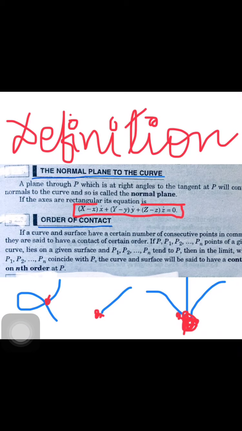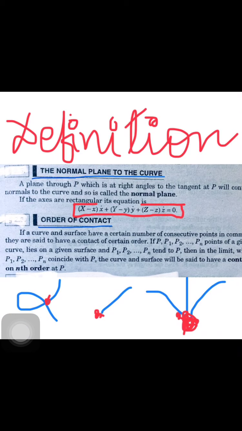A curve is a two-dimensional figure, a surface three-dimensional. So if a curve and surface have a certain number of consecutive points in common, then they are said to have contact of a certain order.